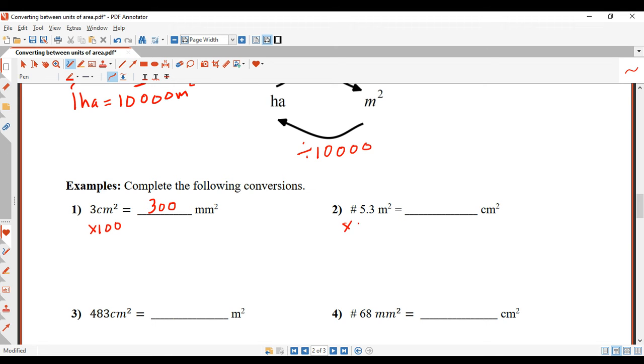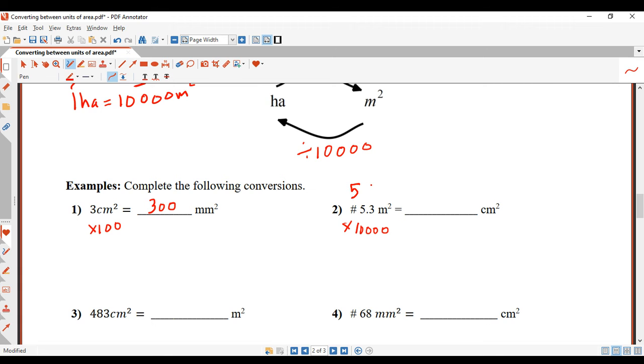Okay, so we're going to times this by 10,000. So 4 zeros. Now, if I'm timesing by 10,000, I'm moving the decimal point the number of places that matches the number of zeros. So I've got 4 zeros there, which means I'm moving the decimal point 4 places to the right.